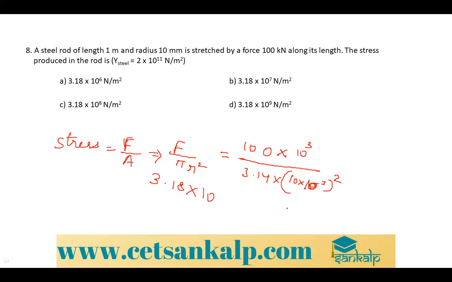When all such problems are given, the only thing you have to do is write these all in powers of 10. So 10 to the power 5, so 10 to the power 6.